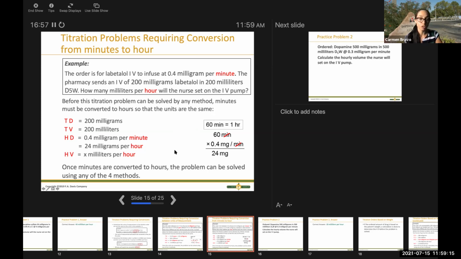If you have a fraction, like in this case 0.4, I want you to use dimensional analysis so you don't get confused. Use dimensional analysis for that, and then you get the remaining portion. It still gives you an example here on how to figure out how many milligrams per hour you would give.